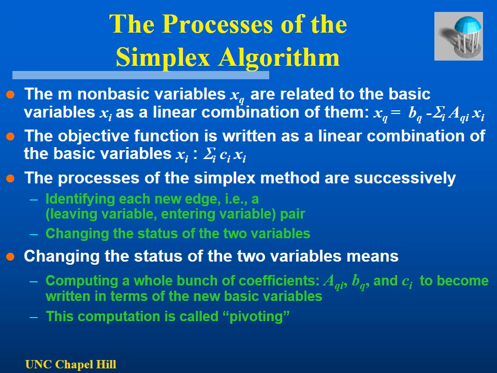Well, now the optimization variables are not necessarily the basic variables, but we still have a set of n basic variables x sub i, and at any point in the process we will have for each non-basic variable x sub q an equation of the form shown in terms of the basic variables. Moreover, the objective function is also a linear combination of the basic variables with coefficients c sub i.